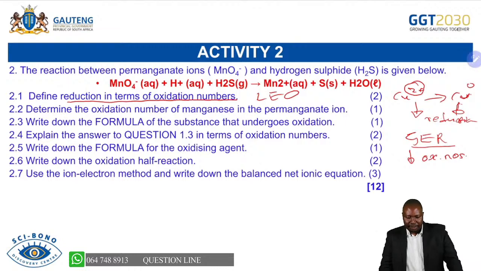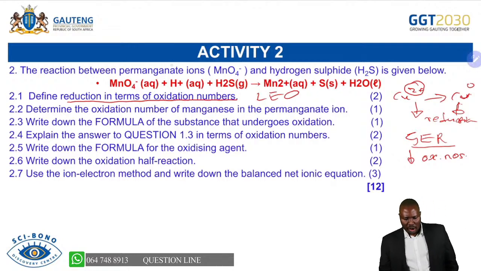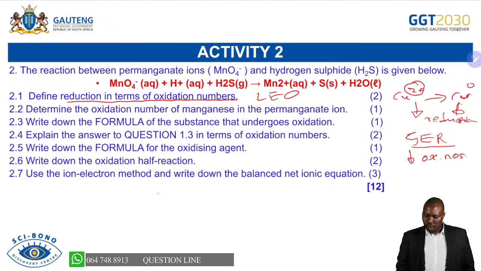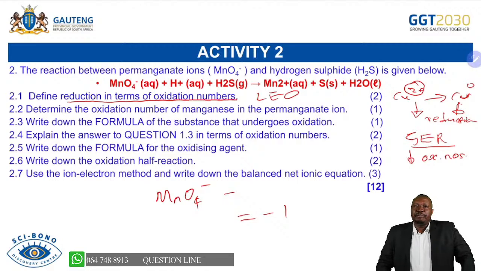And determine the oxidation number of manganese in the permanganate ion. So you are given all that, and you have to know that your answer there must be -1. So you have MnO4 minus, and then your answer must be equal to -1. For oxygen, we said it's almost always -2.